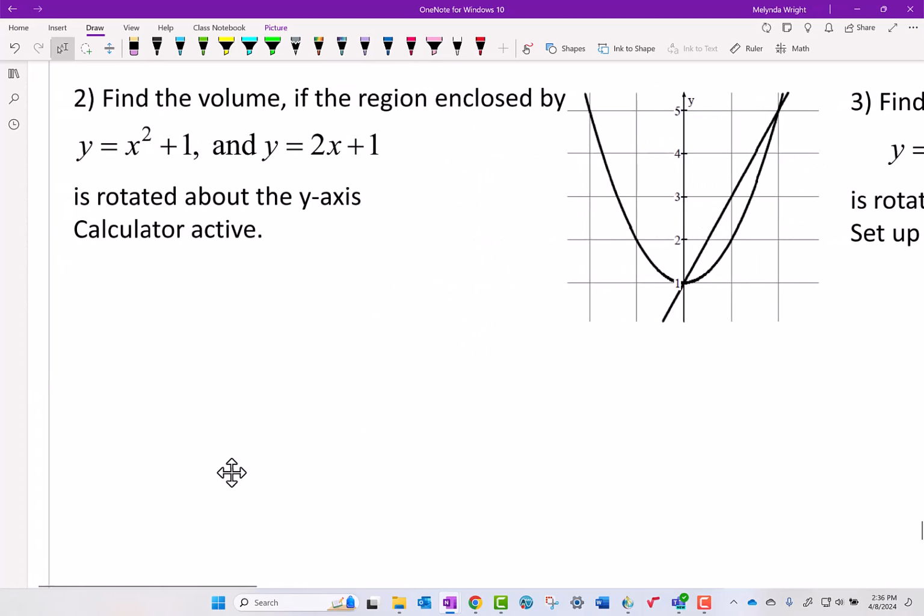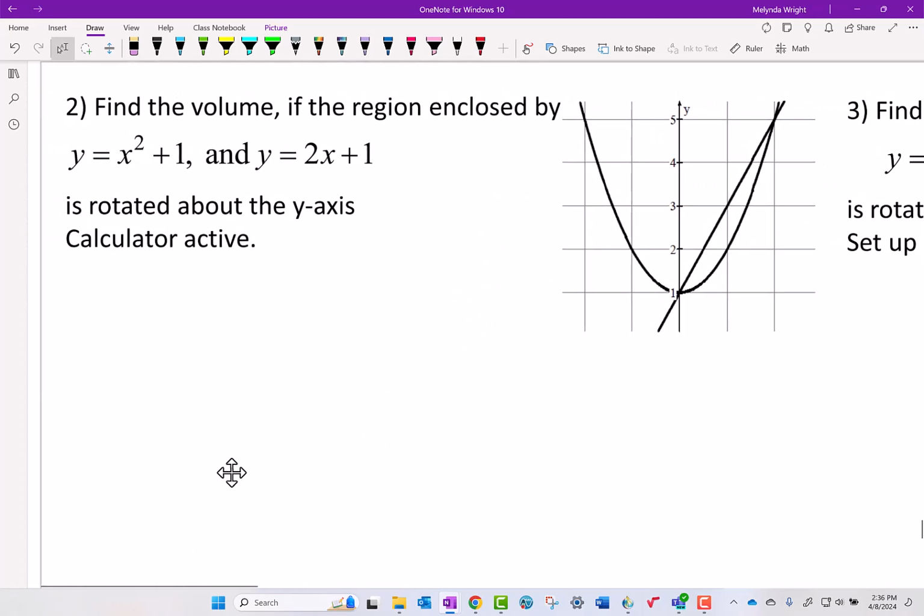Find the volume if the region enclosed by y equals x squared plus 1 and y equals 2x plus 1 is rotated about the y-axis. Okay, y-axis. Now that basically changes everything.